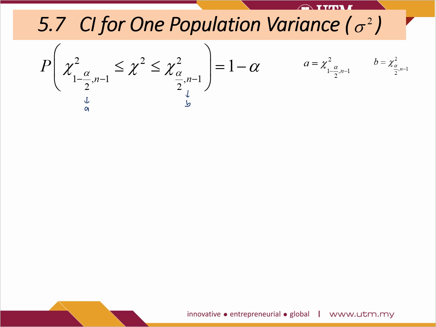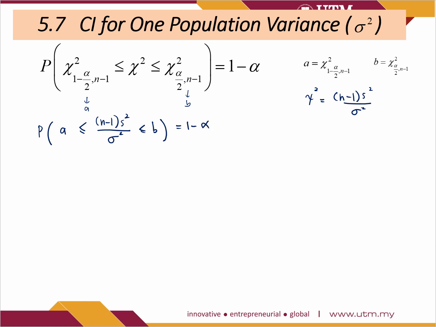And the upper limit is chi-square alpha over 2, n minus 1. So if I rewrite this, it will be A less than, given the chi-square formula, n minus 1 s square over sigma square, and also I replace this chi-square with this formula, less than or equal to B, equal to 1 minus alpha.